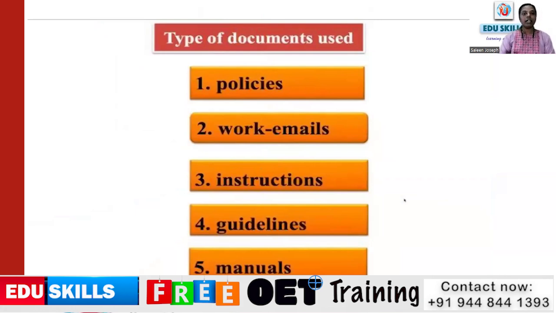Next, the types of documents used, that is, the material you will get in reading part B. You can get policies based on the workplace and healthcare environment, work emails, instructions to medical professionals, guidelines, or manuals. These are the documents from which the text content is drawn.